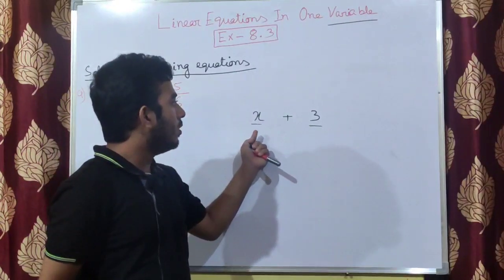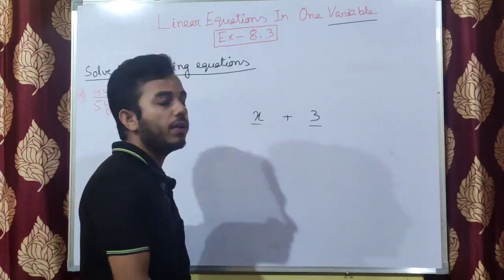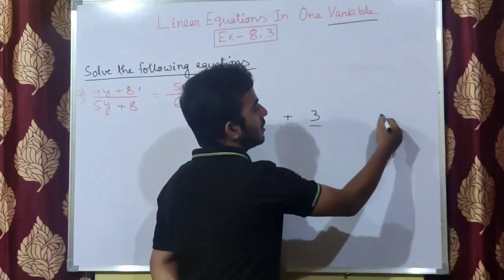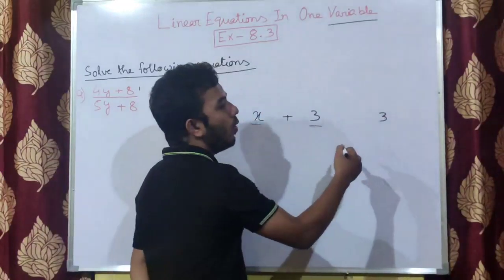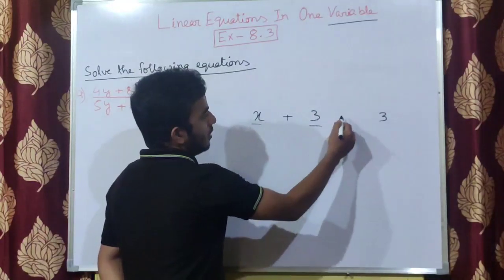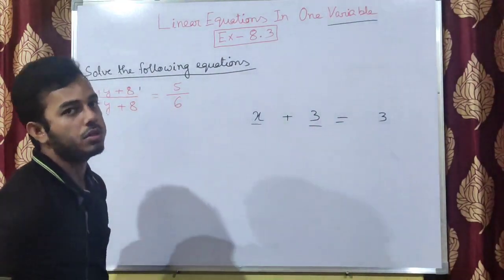Now if an expression is connected with any other constant, suppose the constant is 3, or another expression, by an equal sign, this becomes an equation.